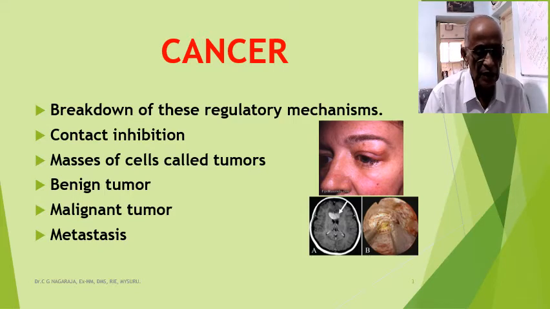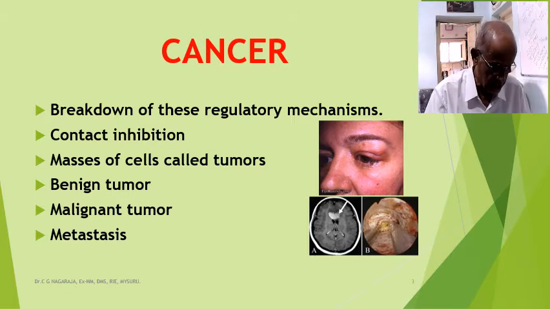Contact inhibition refers to the ability of the cells by which, if a cell comes in contact with any other cell, it will inhibit that particular cell from coming in touch, and nothing is caused to the cells. So that contact inhibition is lost in the cancerous cells because these cells are old cells.